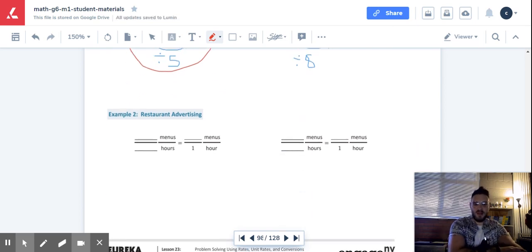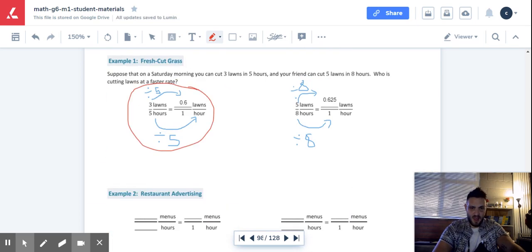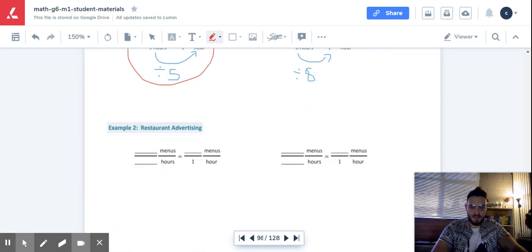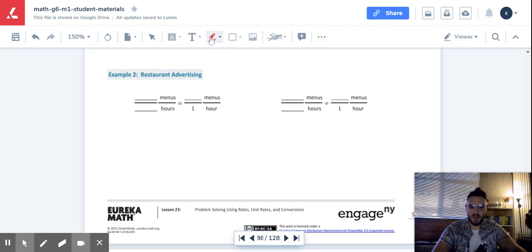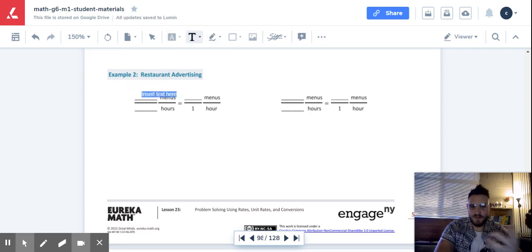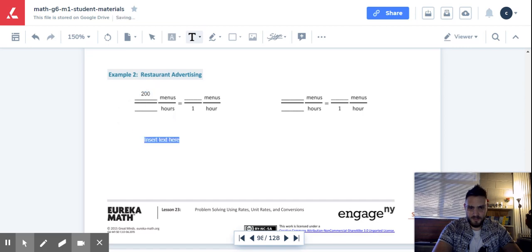We can do the same thing here. Restaurant advertising. So you can make this up by yourself. So let's say they're folding menus. He can fold 200 menus in, let's say, 3 hours.